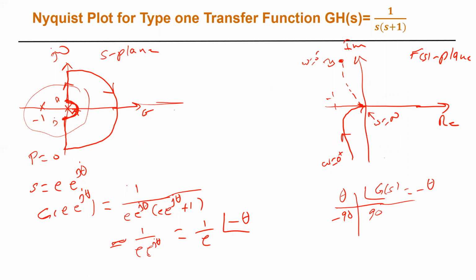I cannot go through the singularity. So the best way for me to move from this point to this point is on a semicircle, half a circle, sorry. This is the equation of the circle.